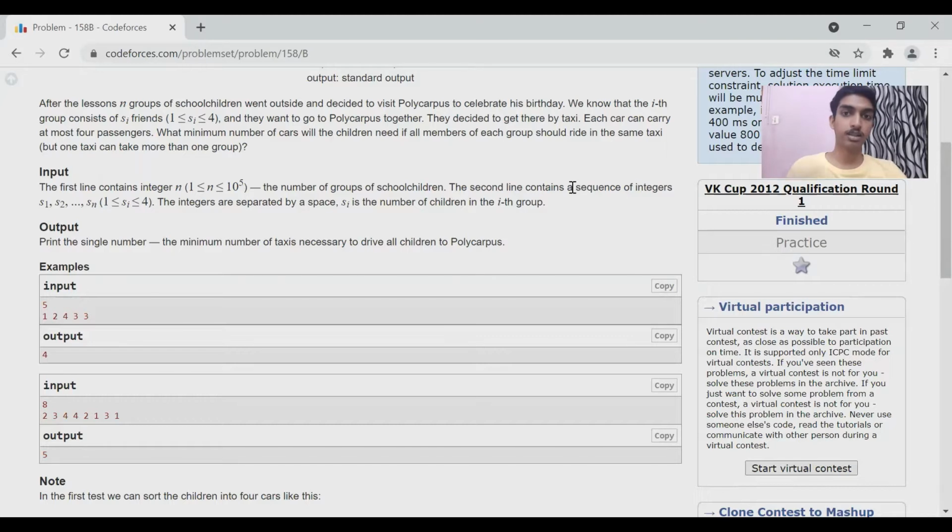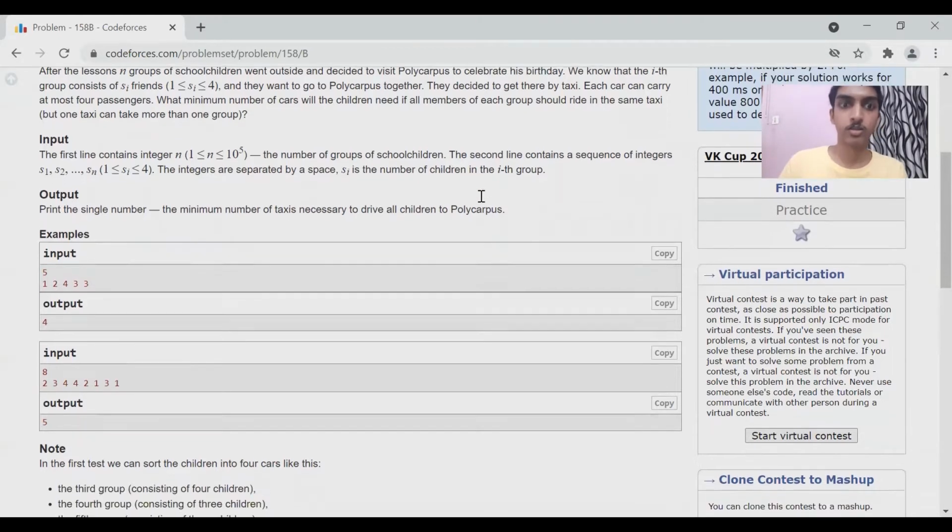They cannot be in two different taxis. But one taxi can take more than one group. Like if there are two groups of two people, these guys can go in one taxi. Okay, so that's the problem.